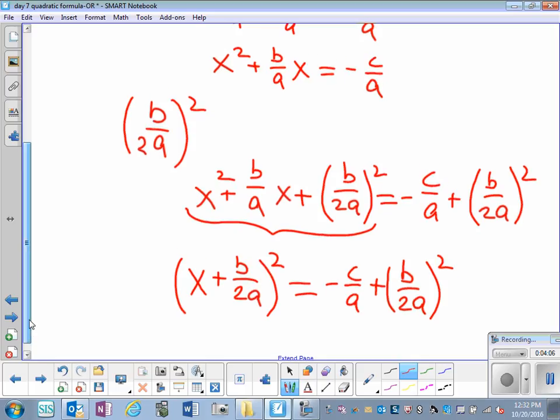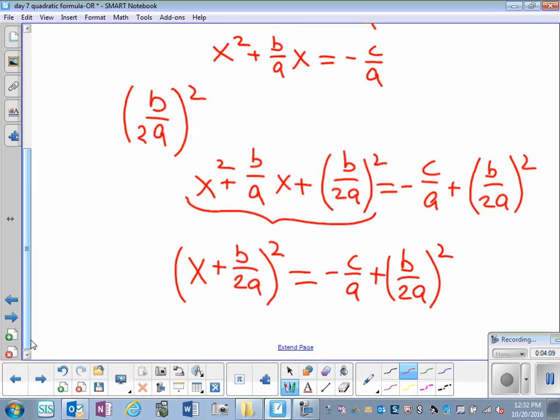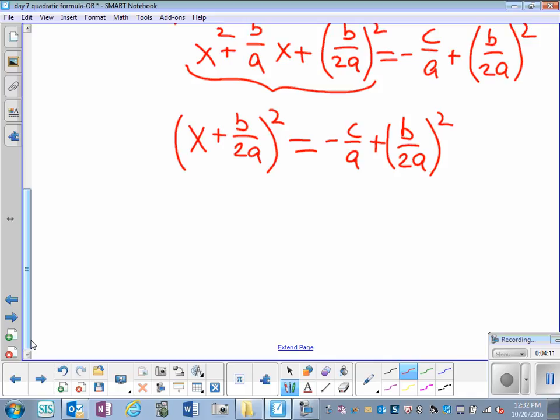Before we go further, let's simplify this constant term. Okay, so minus c over a plus b over 2a squared, I'll rewrite it as minus c over a plus, and then the square of the fraction I can rewrite as the square of the numerator divided by the square of the denominator.